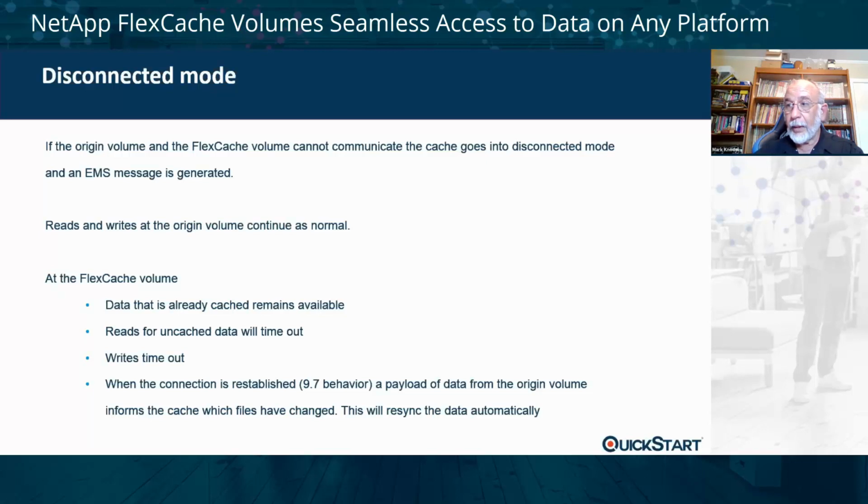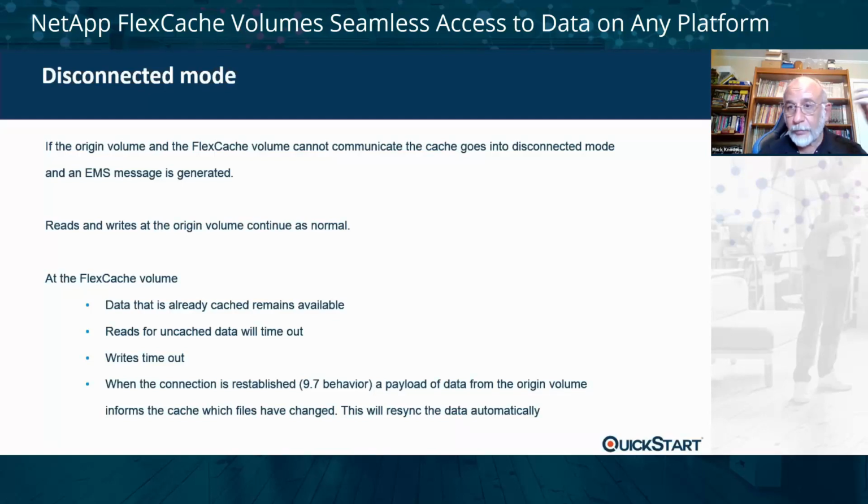But if I make a request for something that's not in the cache and I don't have a network connection, it's going to time out. Writes will also time out. And they've made some modifications so that once that connection is reestablished, it'll automatically distribute some payload for the changed files that might have come in from other locations back up to that disconnected cache site.